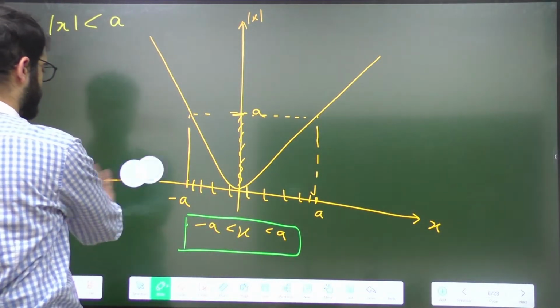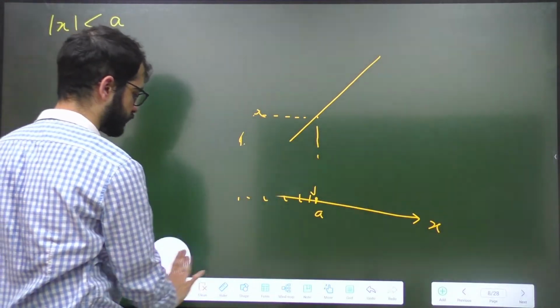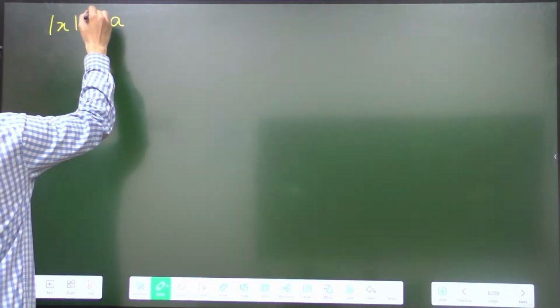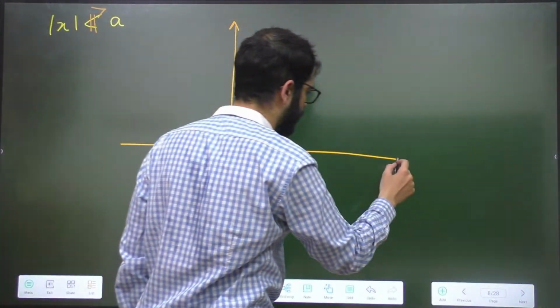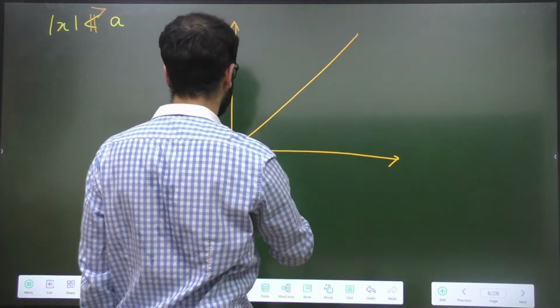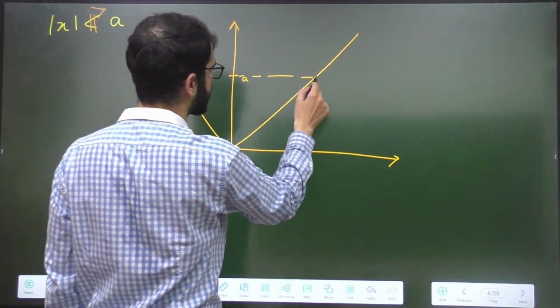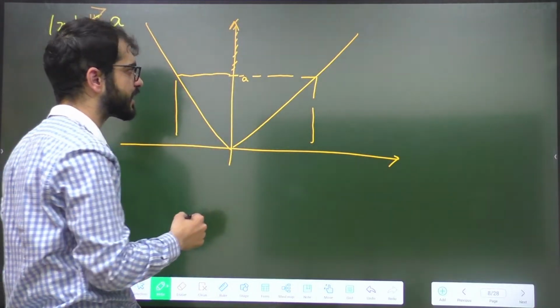Let's change the question and discuss it in another format. Let's change it to greater than. If mod x is greater than a, then what will happen to the answer set? This is going to be the graph of mod x. If the value of mod x is greater than a, then I can say that this is going to be the output. When is that output possible?